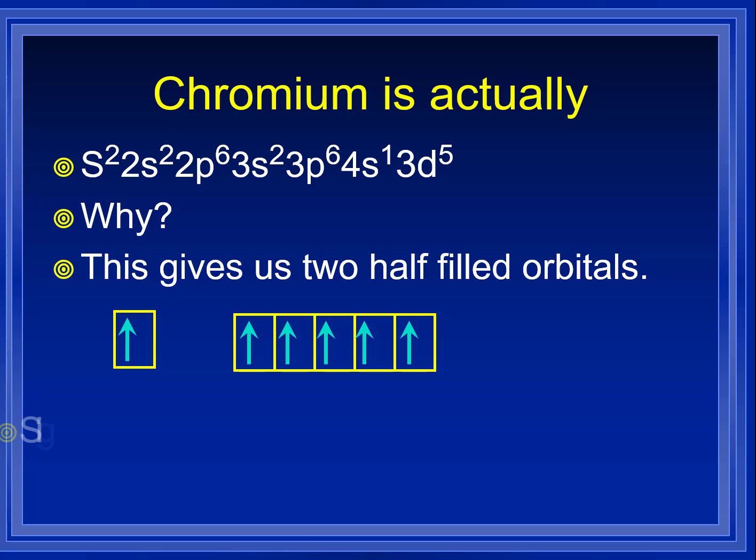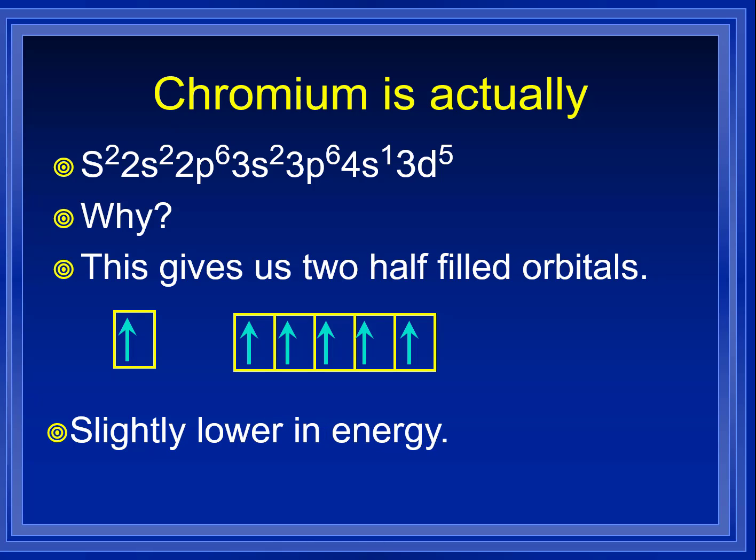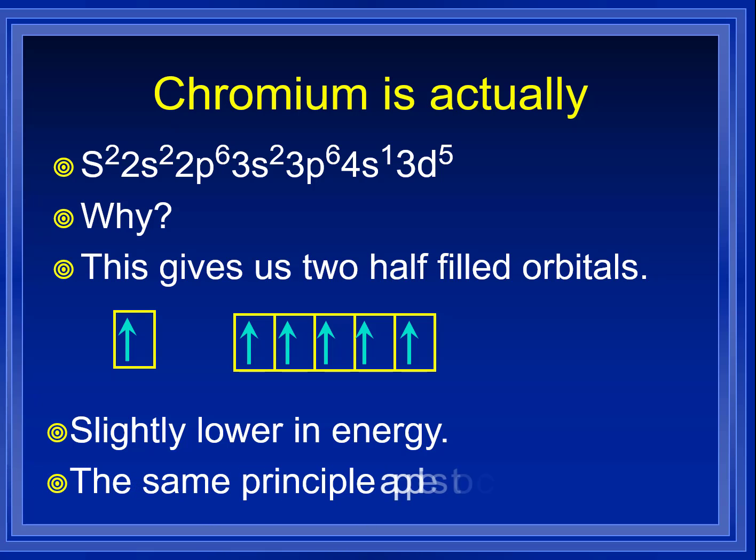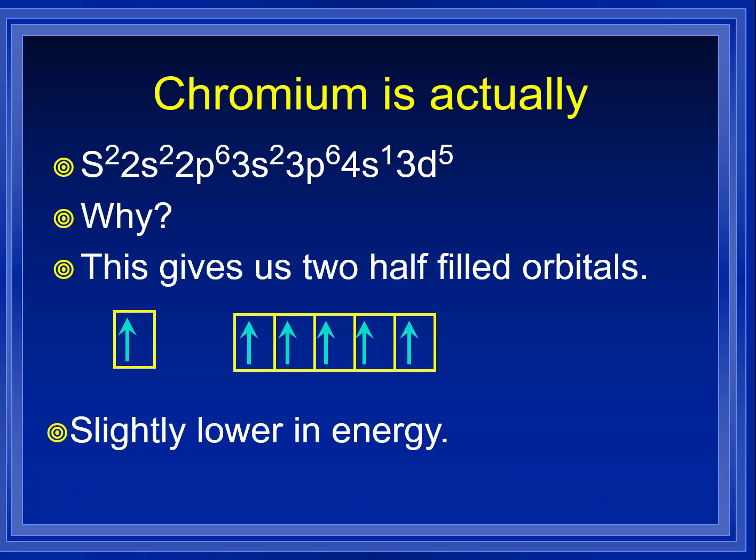So they're slightly lower in energy, which is the key: S's and D's start off really close together, so a little difference is enough. So we have an exception at D4 because we can borrow one electron and make it D5, which gives us two half-filled things.